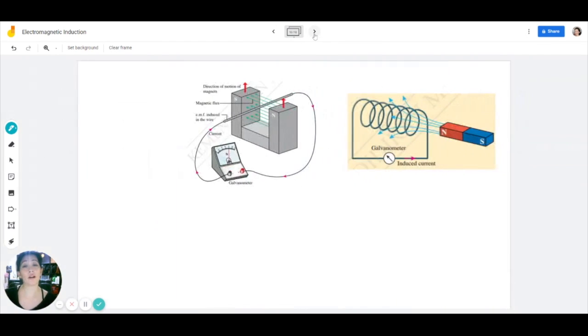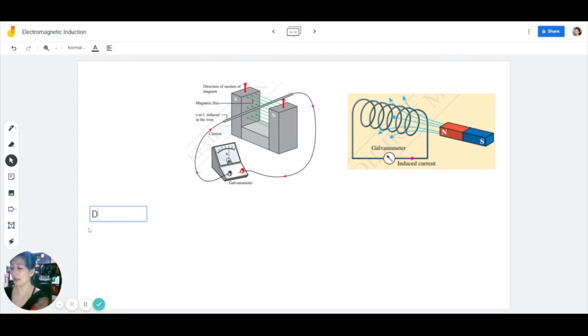As a summary of what we've covered in this video, we now know electromagnetic induction is the production of electromotive force due to a changing magnetic flux. It is by cutting the conductor across a magnetic field like this, or by moving the bar magnet in and out of the solenoid, that we're able to induce electromotive force and therefore induce current. In terms of determining the direction, let me write that over here for the overview.